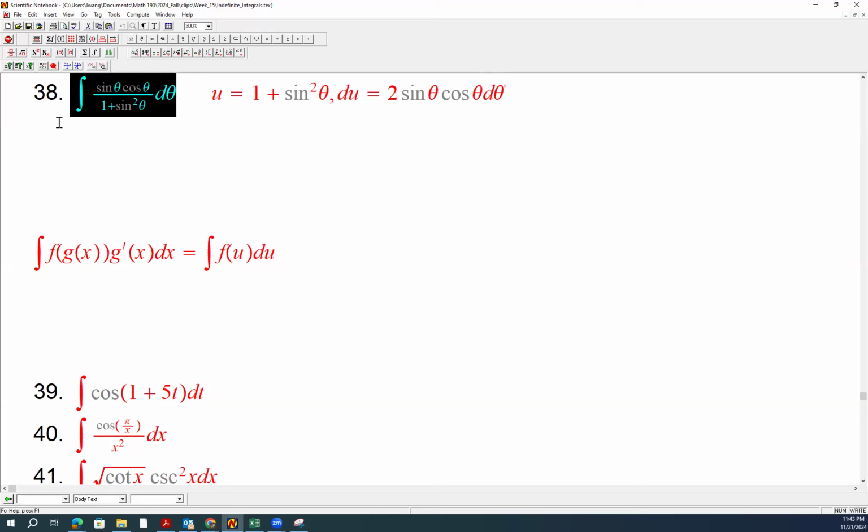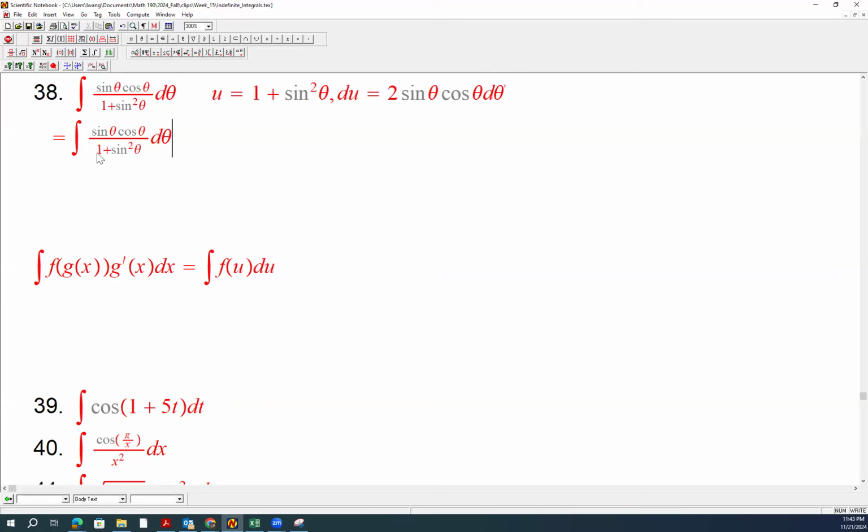Those academic questions make it possible. They want us to be able to solve it, right? So this is u, sine theta cosine theta d theta, we got it 2 times. So we just divide both sides by 2, right?